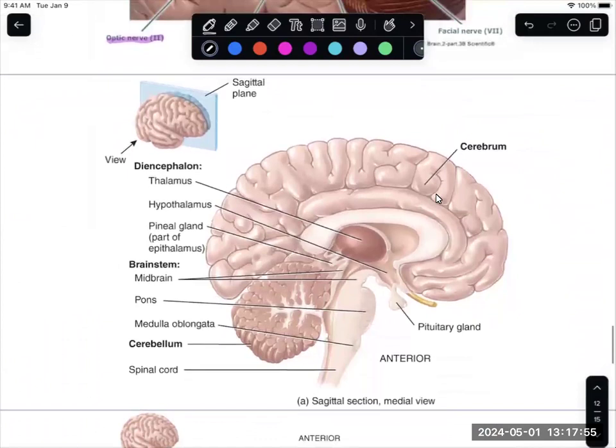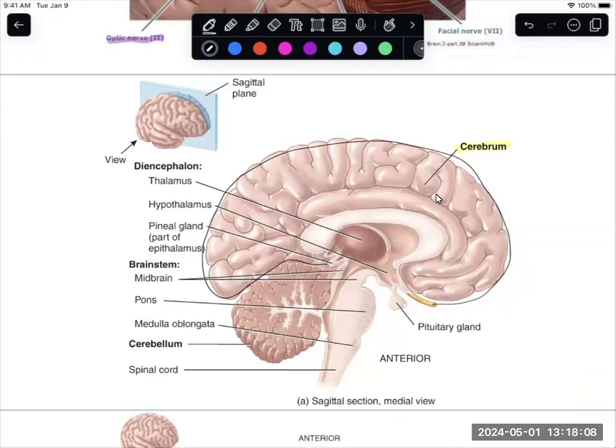So here's a drawing of the brain. You see that cerebrum at the top. This entire area through here is that cerebrum. You see that thalamus, that hypothalamus, epithalamus, which has that pineal gland in it, that pituitary gland, which is actually attached to that hypothalamus.